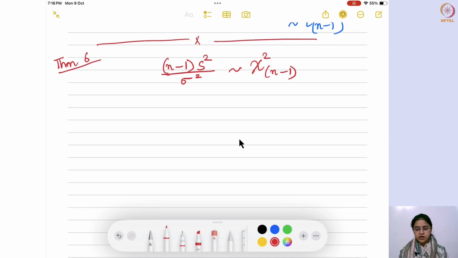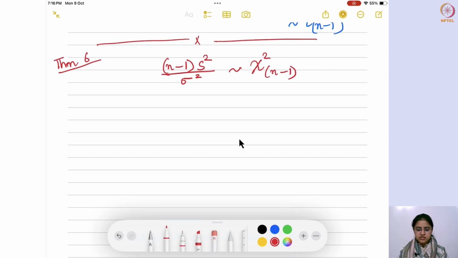Note that if we have to prove any such thing, we have a very useful technique of MGF, which can help us in getting the distribution of the transformed random variable.